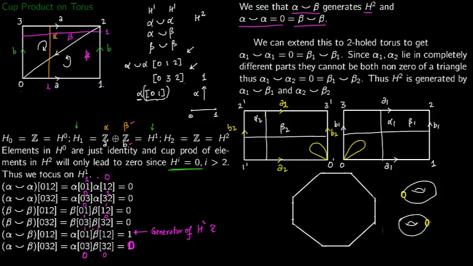And this is the yellow part. Glue these two together. This you glue with this, and you get a 2-hole torus. So the 2-hole torus will look like this. So this yellow part is coming right here.